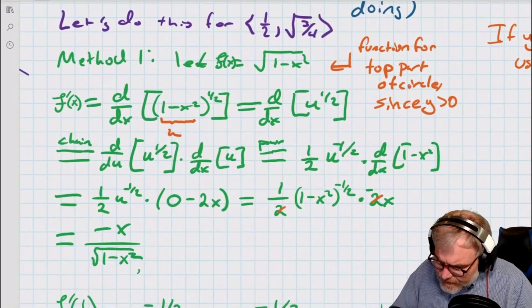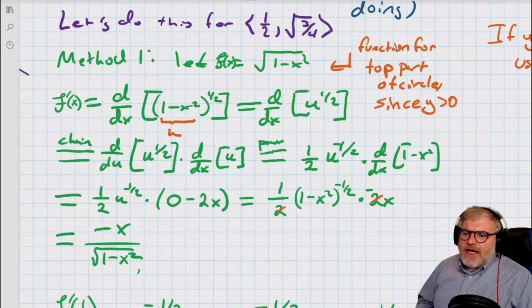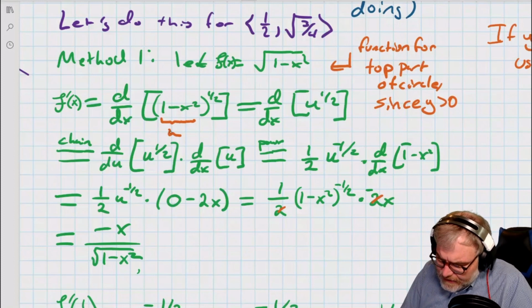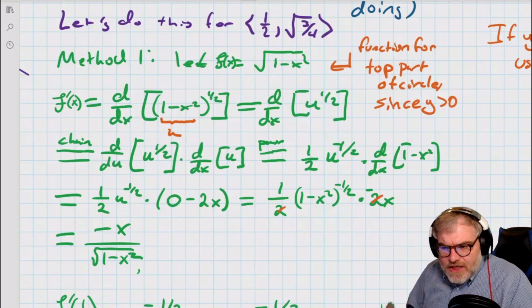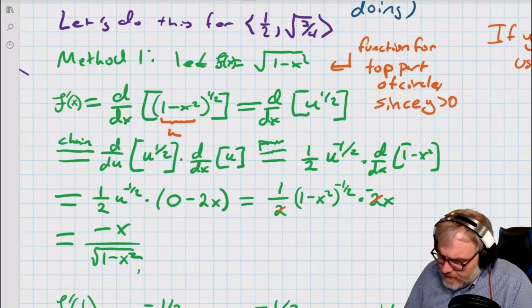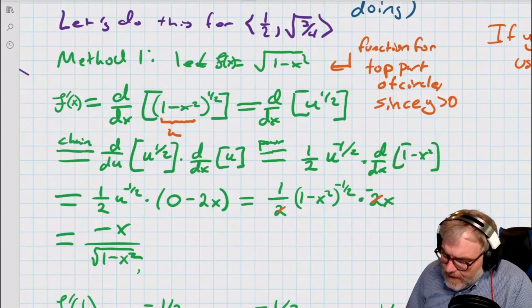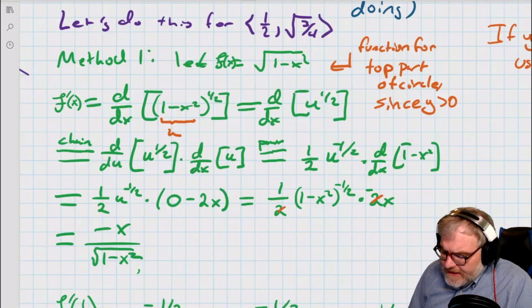So I do that, I'm going to get f prime of x equals the derivative of 1 minus x squared to the 1/2. Okay? That gives me the derivative of u to the 1/2, right? I've got a little chain rule here. I'm going to say this is u, and then I'm going to do a chain. So I'm going to get d over du of u to the 1/2, the change in u to the 1/2 caused by the change in u, times the derivative with respect to x, the change of u with respect to x.